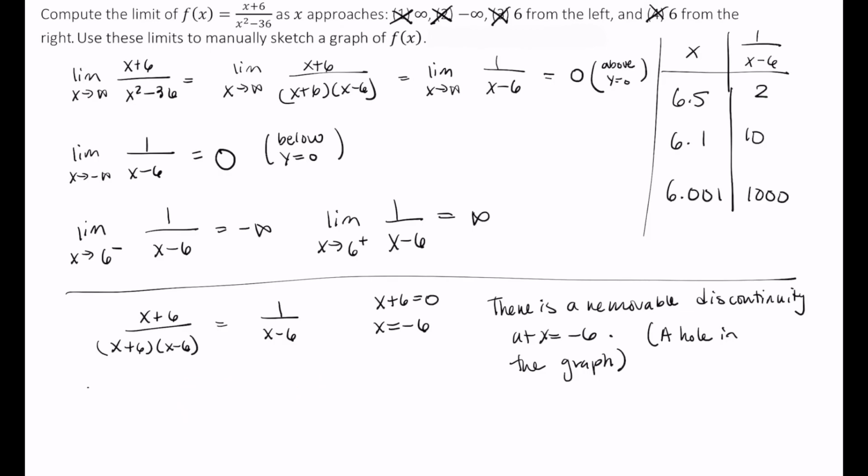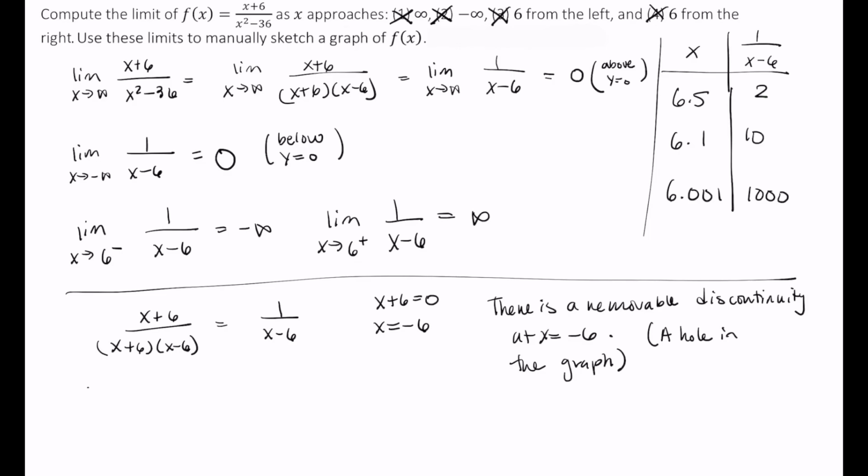So this is equivalent to finding out when 1 over x minus 6 will equal 0, which will never happen. The only possible way for this, or any fraction, to equal 0 is to have a 0 in the numerator, which will not happen since the numerator is fixed at 1. Only the denominator varies, and we definitely cannot have a 0 in the denominator.